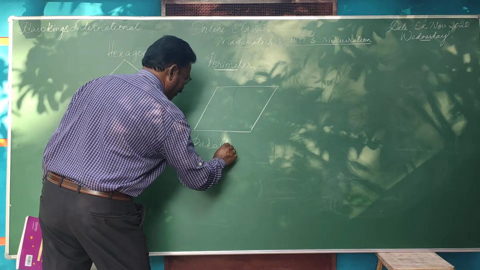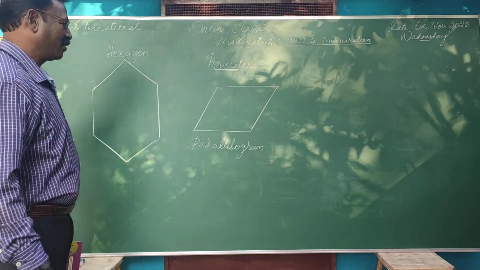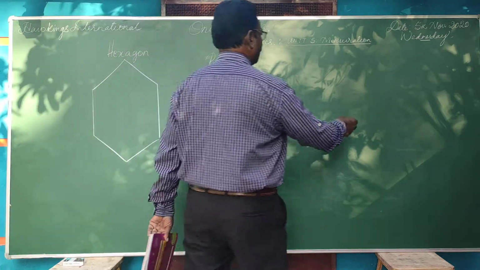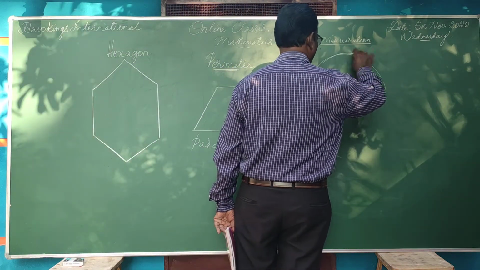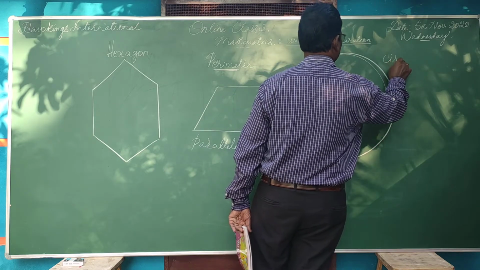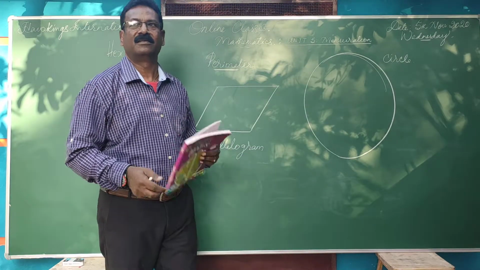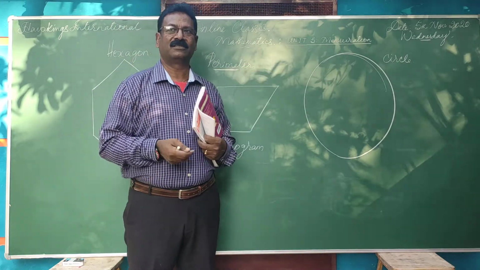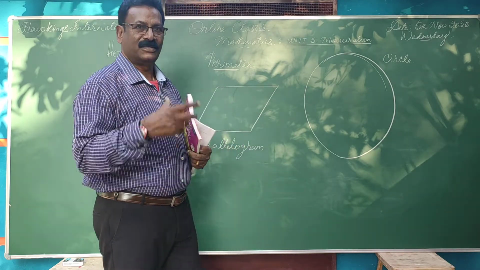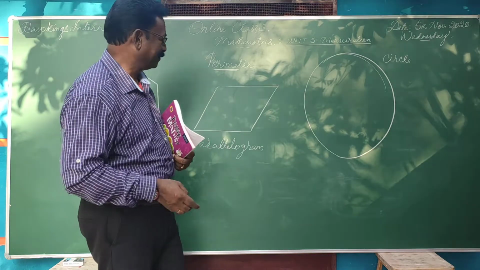A parallelogram. A circle. Like that, there are various geometrical plane figures. Using these things, we can understand the perimeter measurements very, very easily.